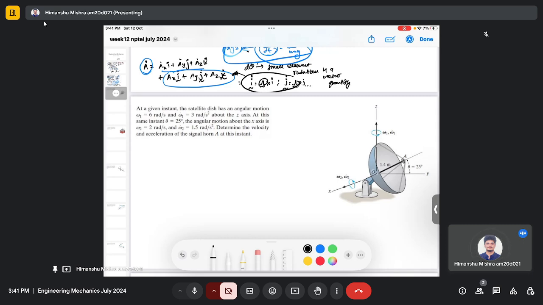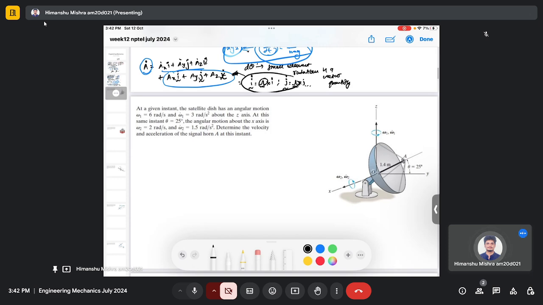At this same instant theta equals 25 degrees, the angular motion about the x-axis is omega 2 equals 2 rad per second and omega dot 2 equals 1.5 rad per second squared. Determine the velocity and acceleration of a signal horn A at this instant.